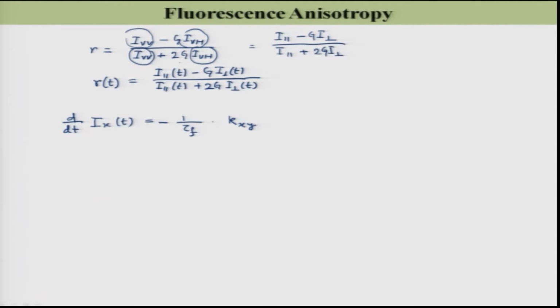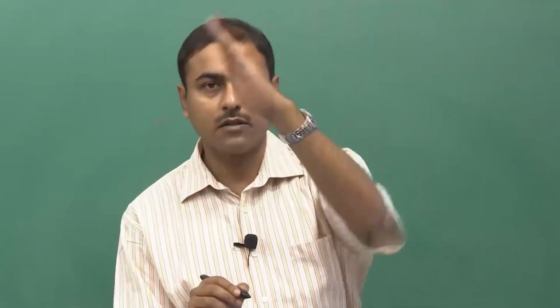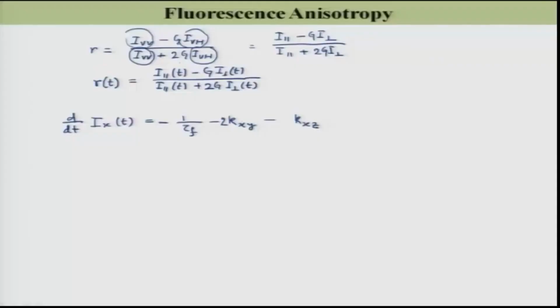This is again minus, and again a decrease, the rate constant of rotation of the molecule from x direction to z direction. Now, the molecule can rotate from x to y, like this way or that way, both clockwise and anti-clockwise. So, in both cases I have this 2, and I will simply take this minus sign common. So, it will be like this times I x t.